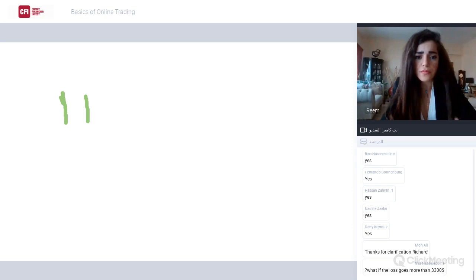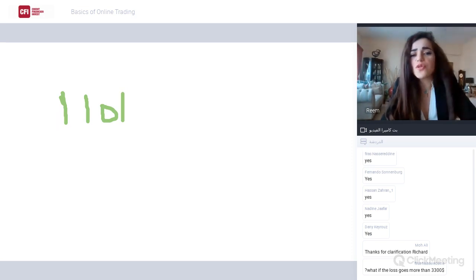I don't have a mouse, I'm using the keys. Anyways, I want to control this one standard lot, okay?